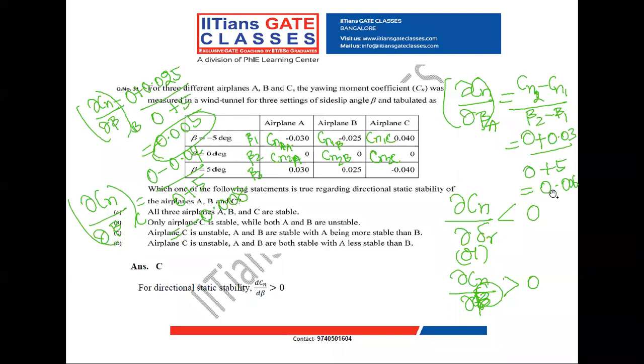That means airplane A has a more positive value than airplane B, so airplane A is more stable than airplane B. So option C is the correct answer: airplane C is unstable, and A and B are stable, with A being more stable than B.